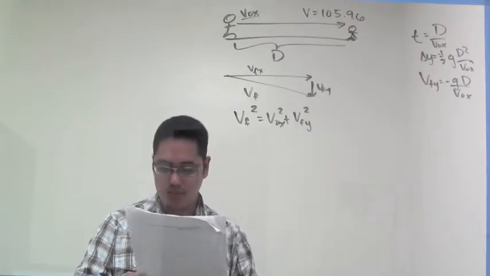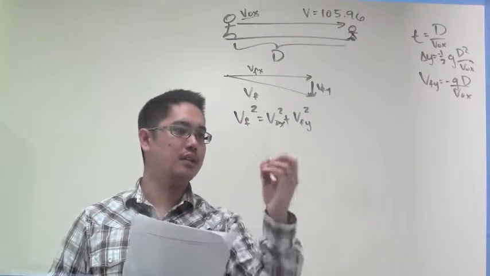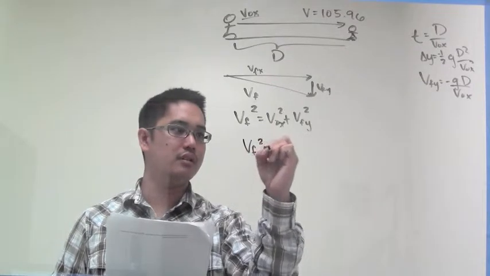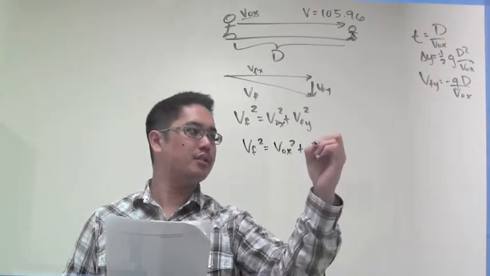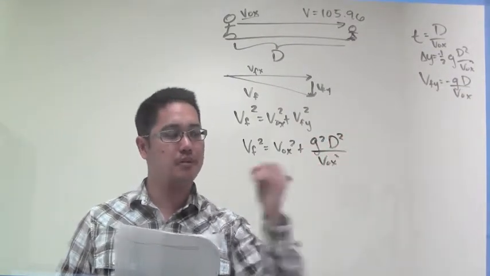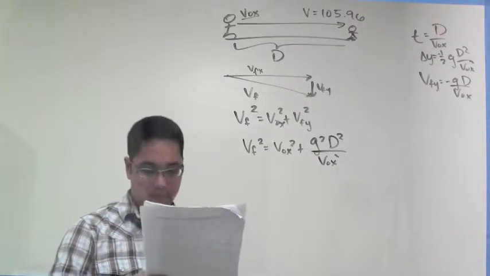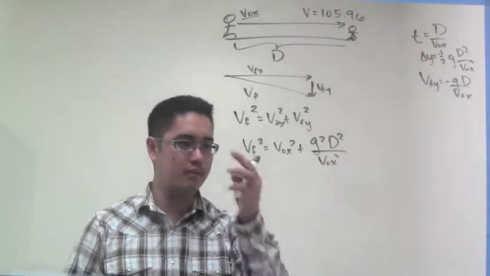Let's see. I know that my V final y is actually that, so V final squared is equal to V naught x squared plus G squared D squared over V naught x squared. I want to solve for V naught x, so I'm going to get rid of that fraction.